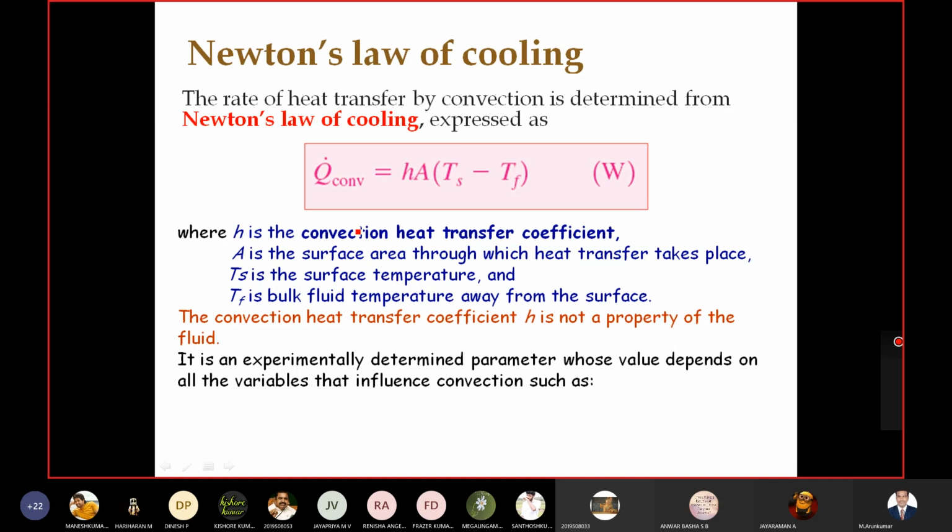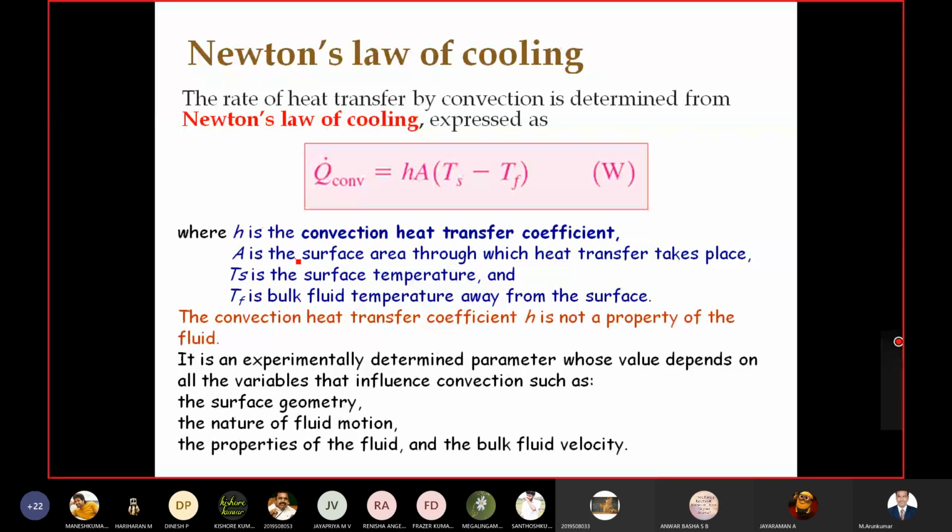Then the convection heat transfer coefficient h is not a property of a fluid like our k in the previous case. It is an experimentally determined parameter whose value depends on all the variables that influence convection, such as the surface geometry, the nature of the fluid motion, the properties of the fluid, and the bulk fluid velocity.